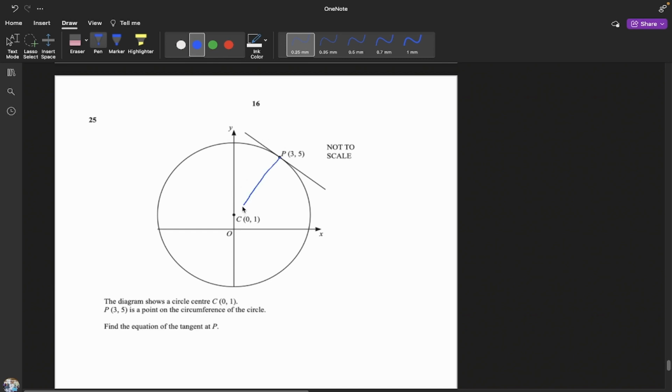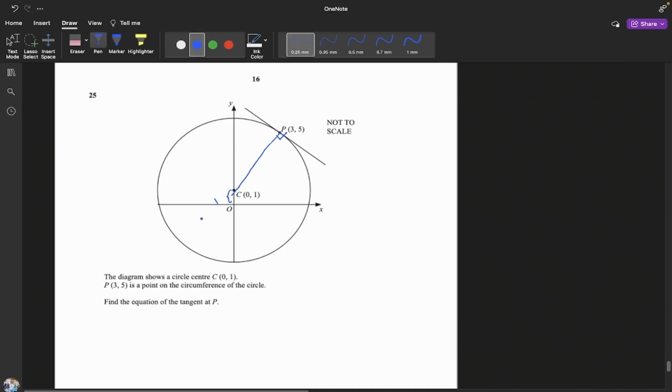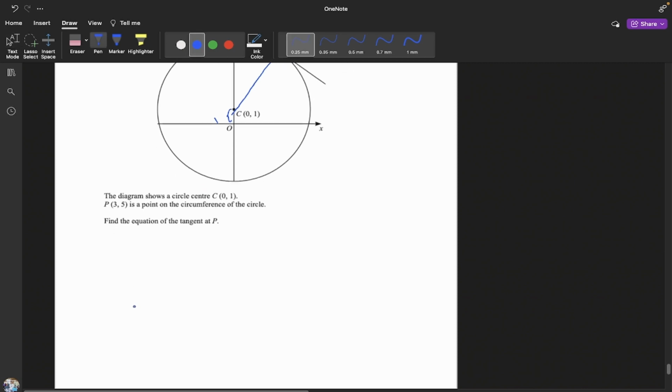You can draw a line like this and it is vertical. This is the radius. So what can you do? This distance is 1. So for the equation of the tangent, you can find the gradient of it first of all.